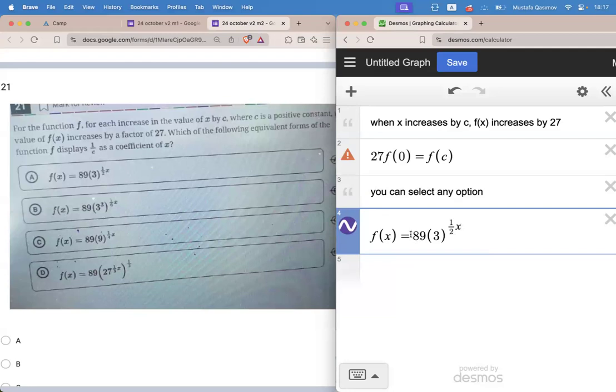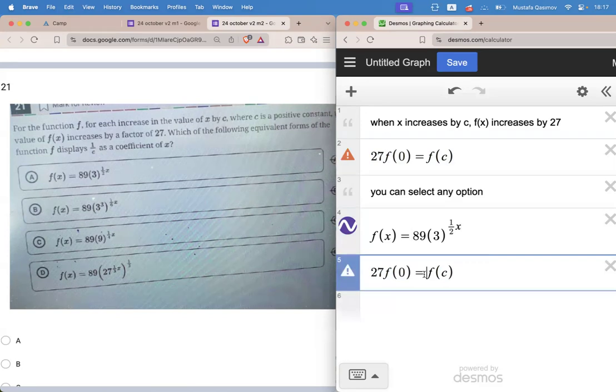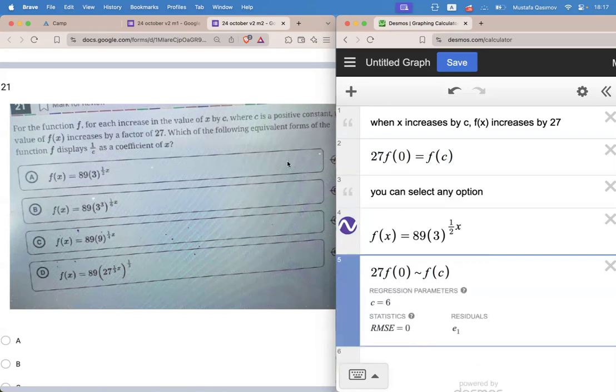Then you can write a wave instead of the equal sign, and you will get the probable answer. And here you must ask yourself which option includes 6? 1 over 6, actually. So we have 1 over 6 here, and it means that is the answer.